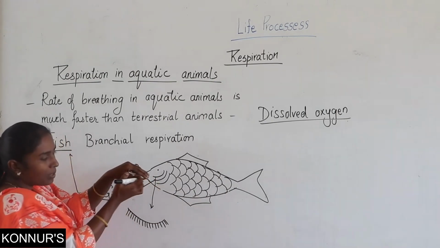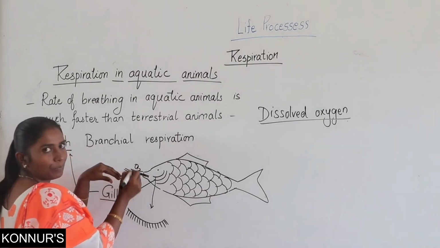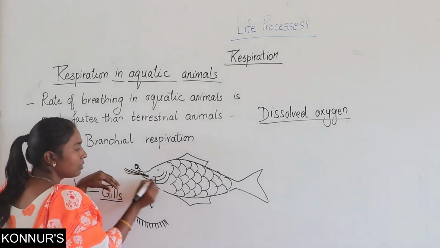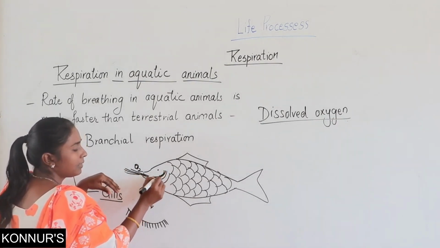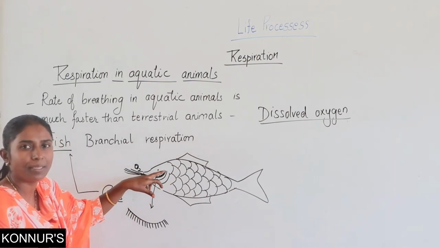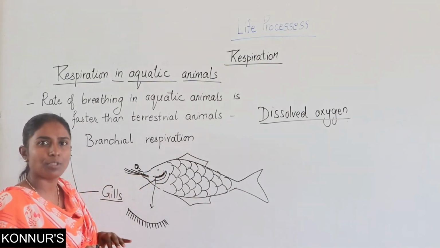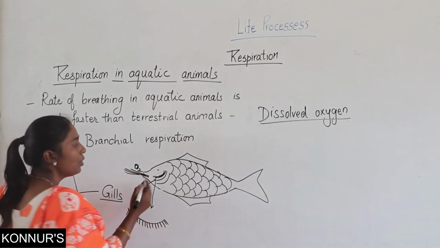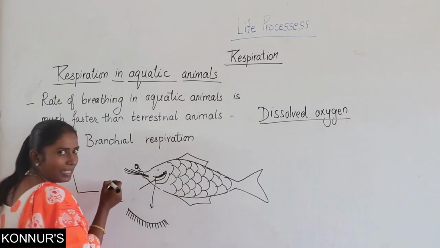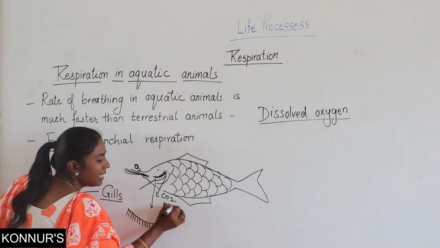When the water comes out through these openings, the oxygen which is present in this water is absorbed by the blood. And as I said, during the process of respiration, oxygen is taken in and carbon dioxide is given out. So oxygen is taken into the bloodstream and carbon dioxide along with water is given out.